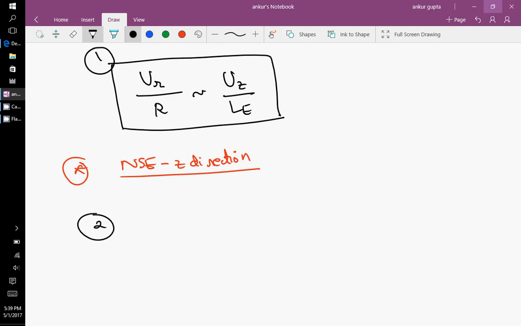Let me pull out the equation. This is in table 6.9 in the book. Here is the equation, and I'm assuming steady flow, so I do not have any time term here. And again, I'm using axisymmetric flow, so I'll not be writing those terms, I'll be directly writing the relevant terms.